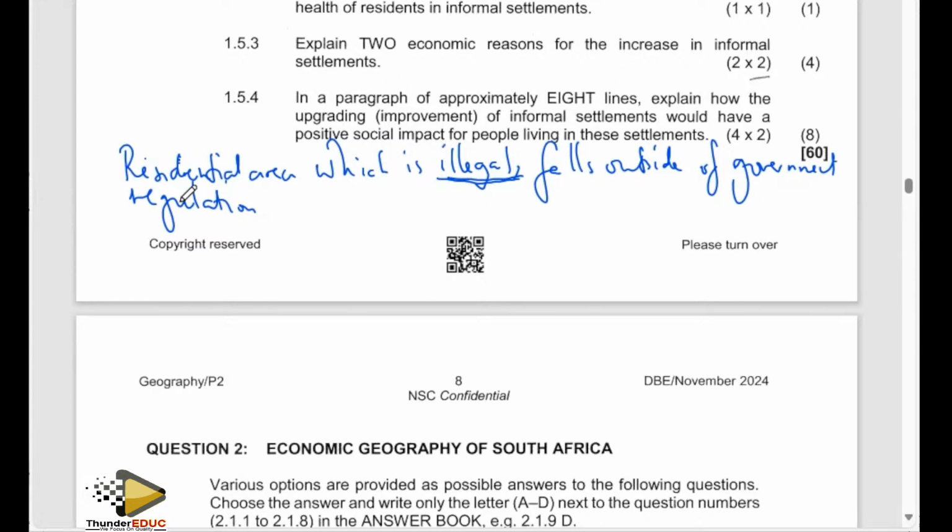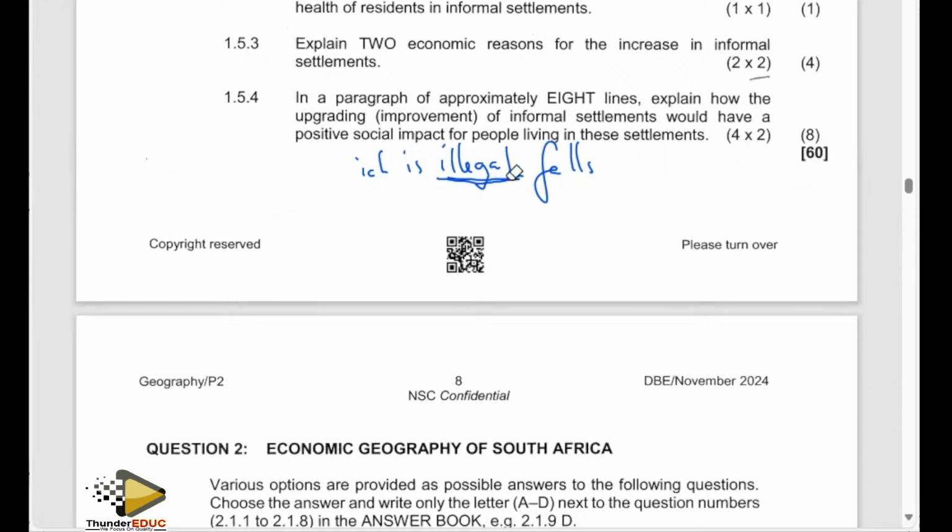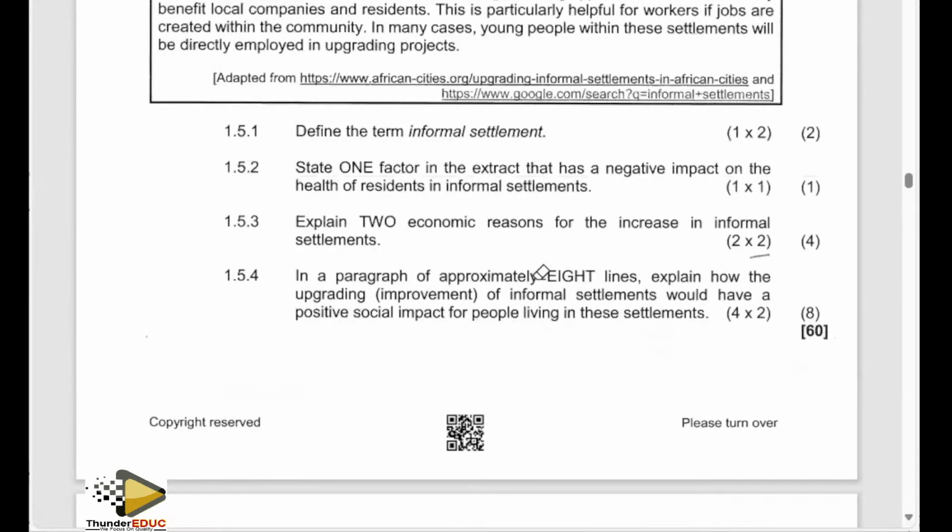So as long as the area is unauthorized for settlement, is outside of government control, it's illegal, then it's informal. That's the basis of the definition. Right, we'll move on to the next question. So it's a geographical concept. You define it in your own understanding, but as long as it addresses the basis of the concept, then it becomes correct.